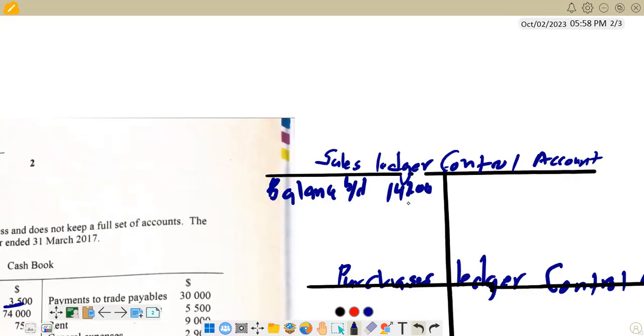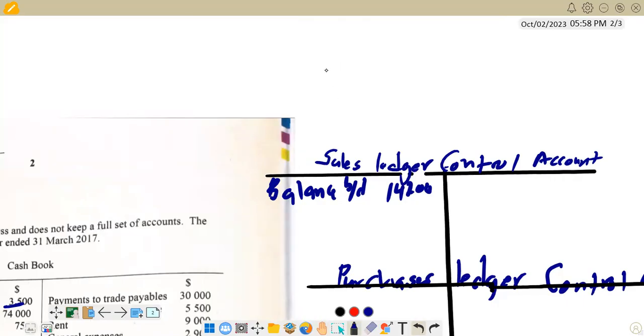And then on the ledger control, the amount that was paid for the year by the debtors, we debit the bank account because we are receiving money as debtors are paying.